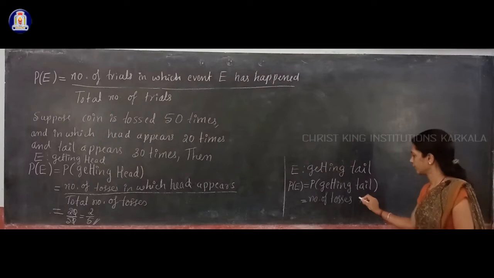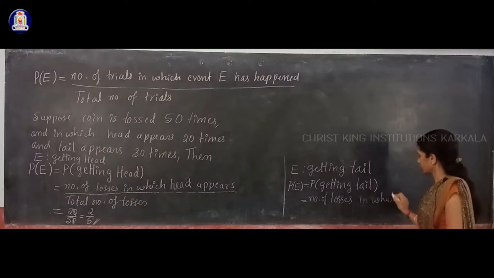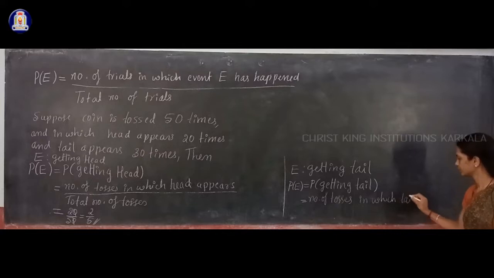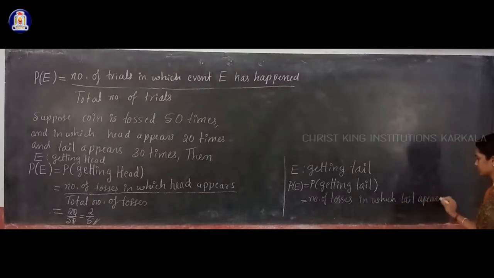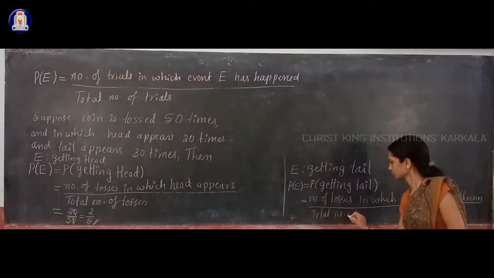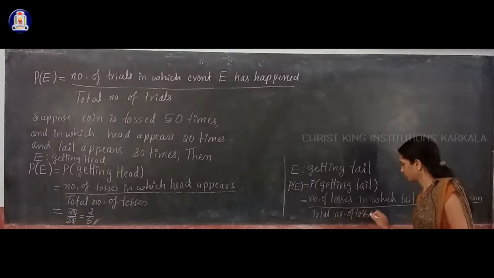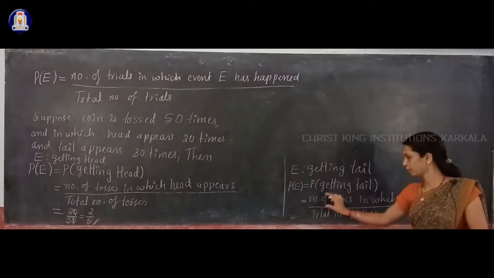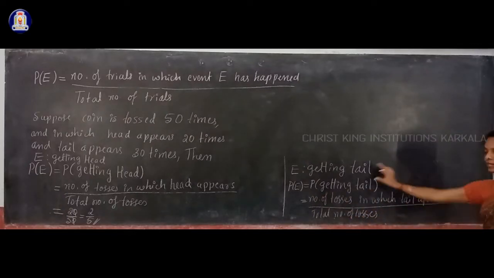Number of tosses in which event E has happened, which means tail appears on the coin, divided by total number of tosses.